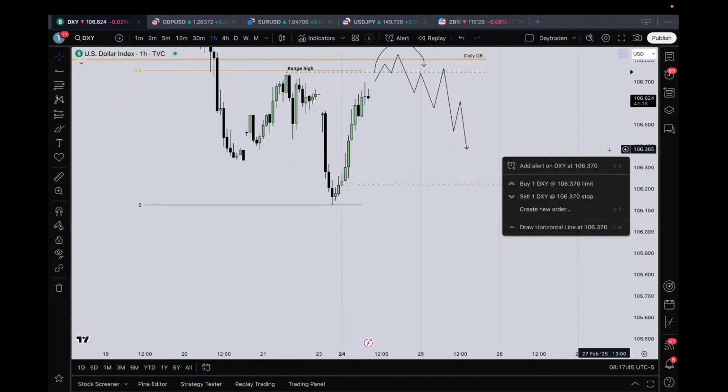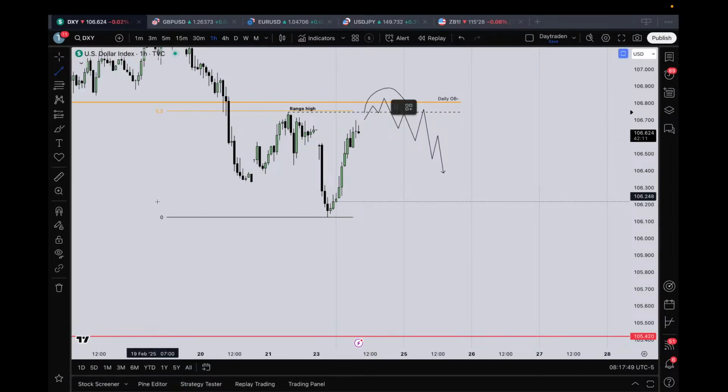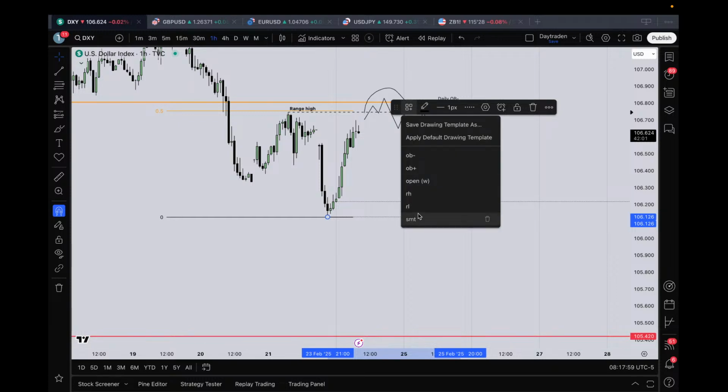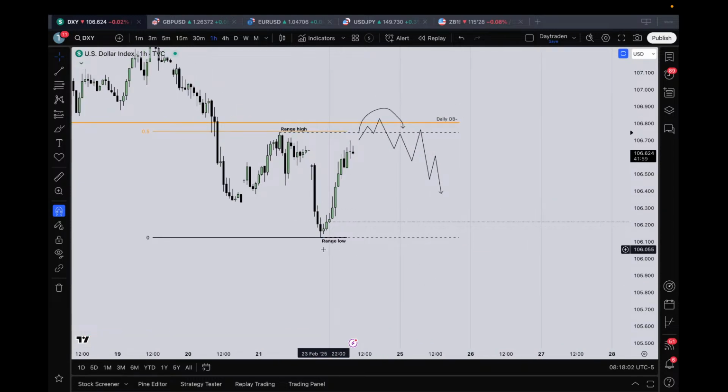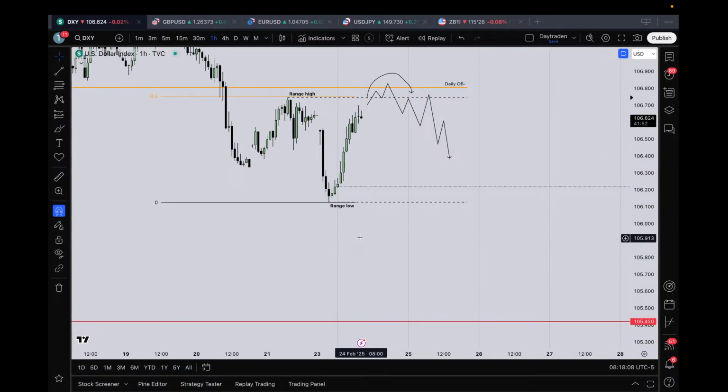First target on the DXY index would actually be this range low right over here. This is the low-hanging fruit target on an hourly perspective.